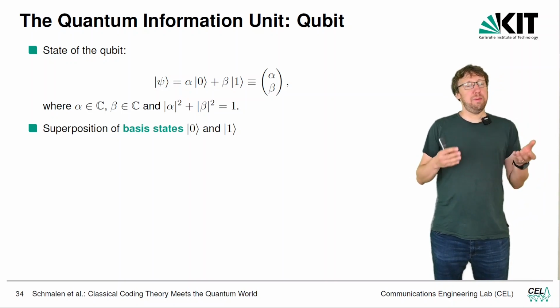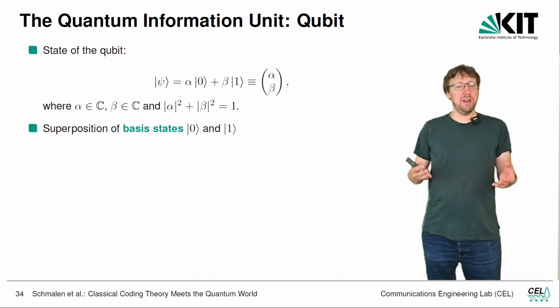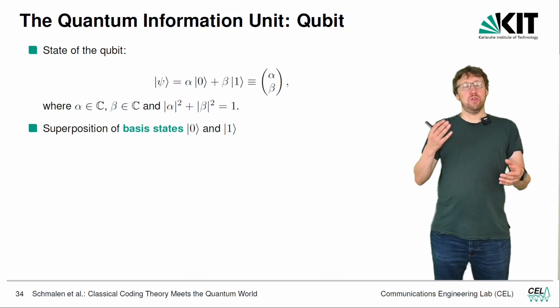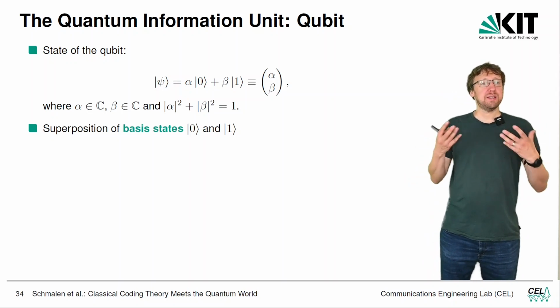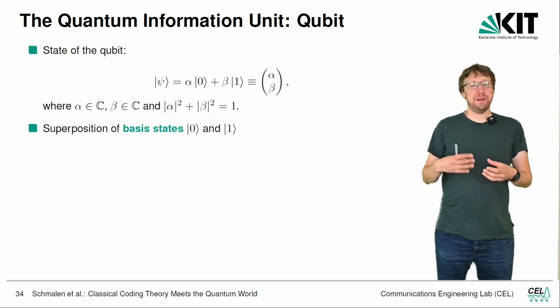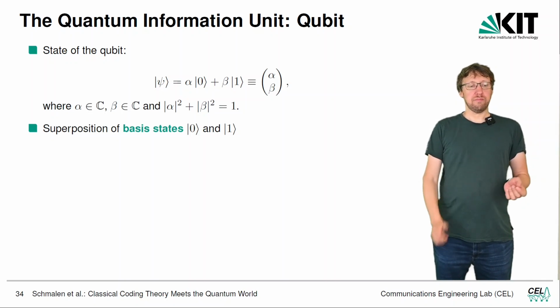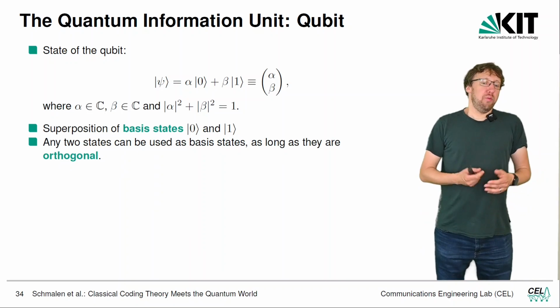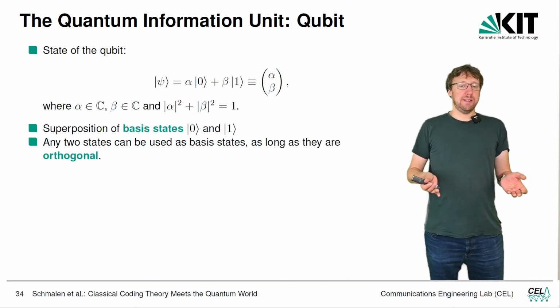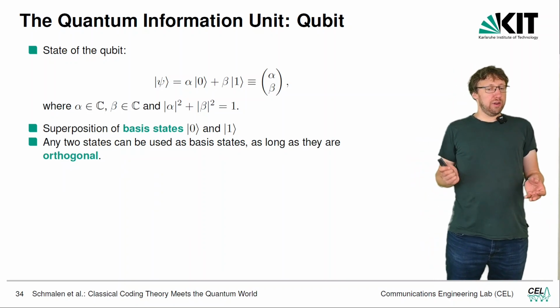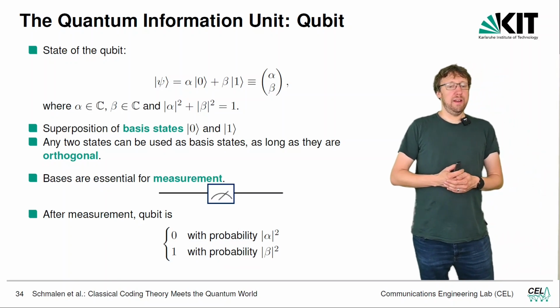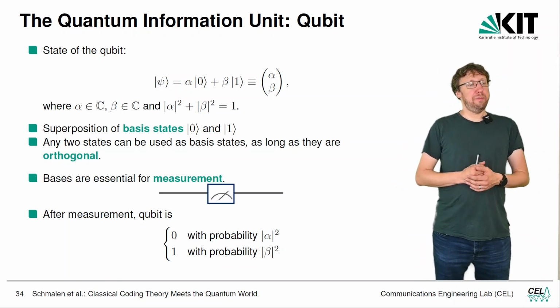And typically we talk about a superposition because we superpose the two basis states. So it's a mixture or superposition of the basis states 0 and 1, which are the unit vectors. And we essentially can use any two states as basis states as long as they are orthogonal.